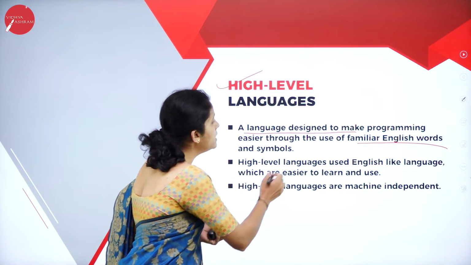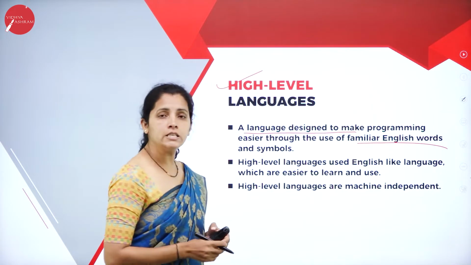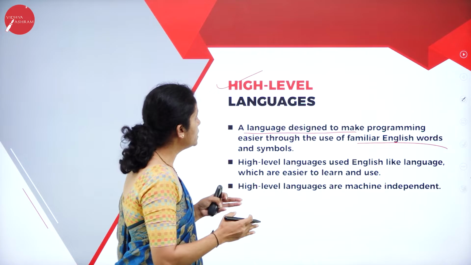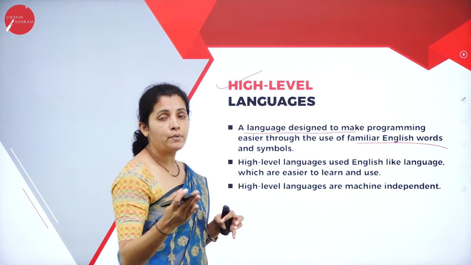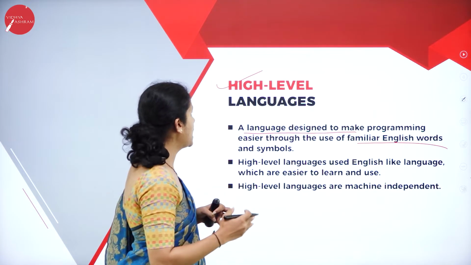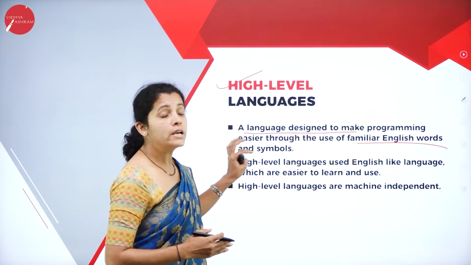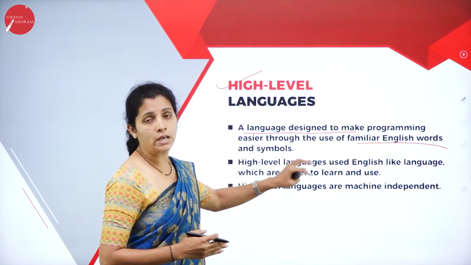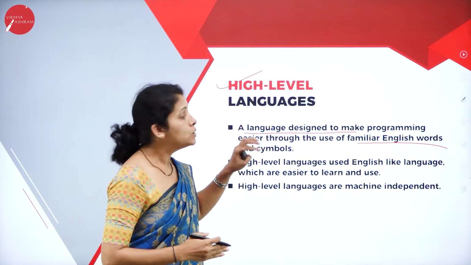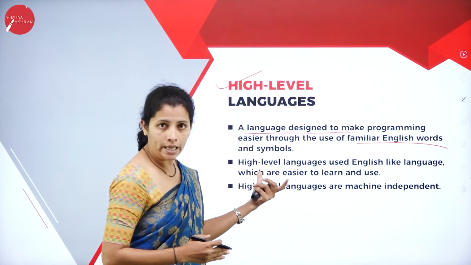So high level language uses English-like language which is easy to learn and easy to use. When compared to assembly level language and machine level language, the easiest programming language is high level programming language because it uses English language along with some special symbols. To remember, to understand and to learn English language is very easy.